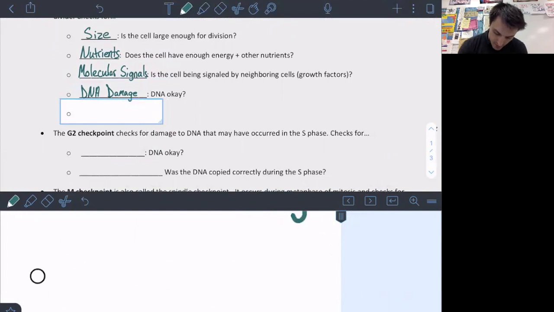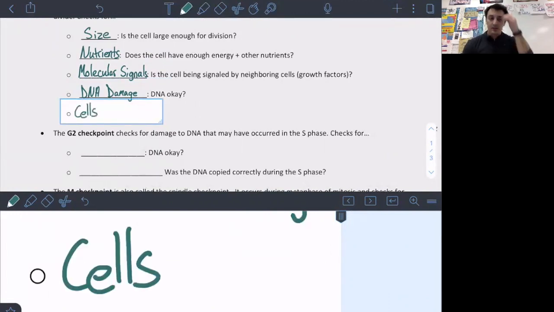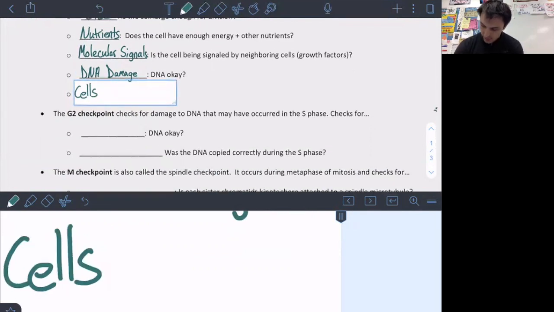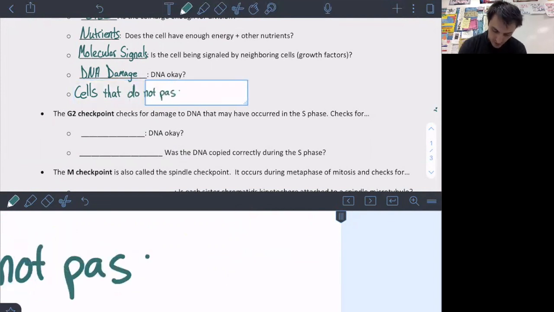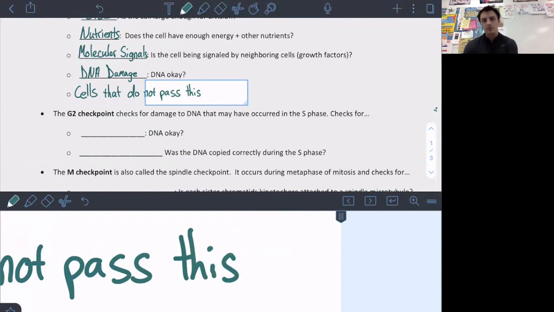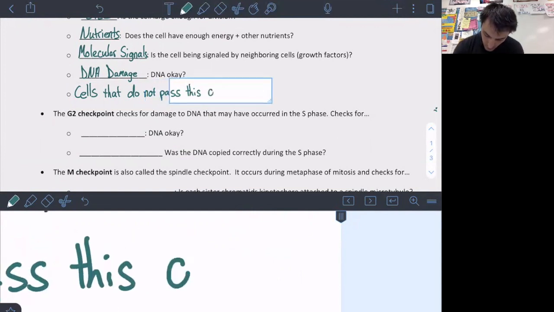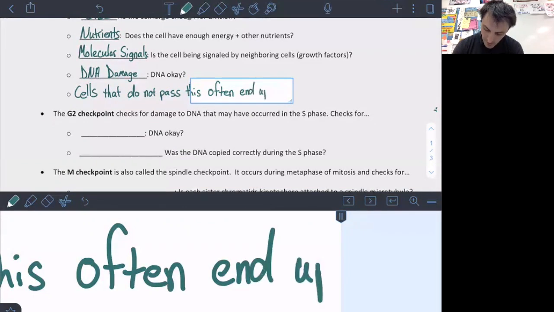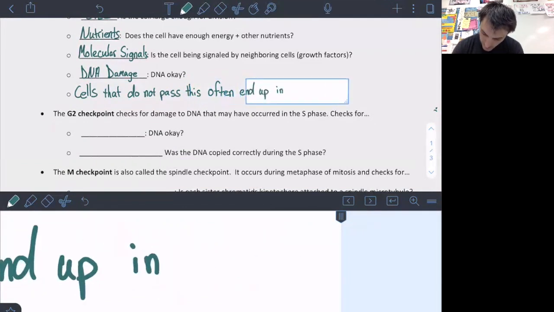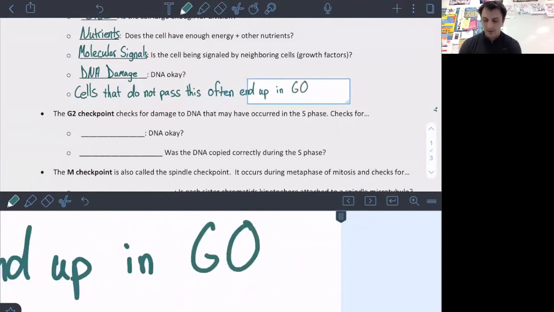Now, at this point in our cell cycle, by the end of G1, cells that do not pass this checkpoint often end up in this side phase called G0.